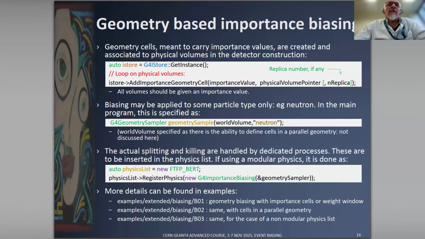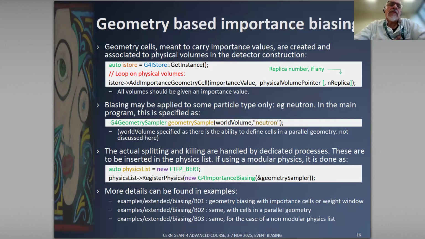Once you have these lines, they allow you to set up the configuration of the biasing. Then you need to do some technical trick so that Geant4 can handle that, through technical processes, I would say.